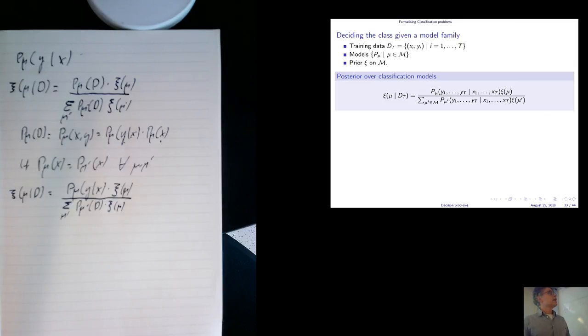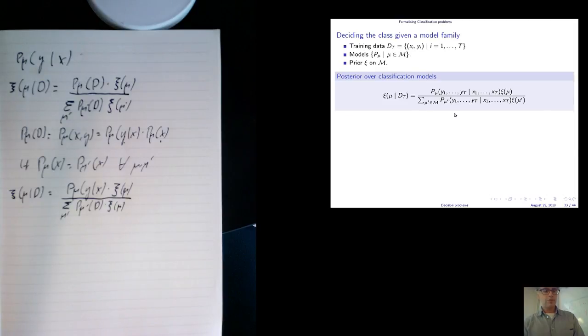And that means that we only have to specify in our model the probability of the y given the x, which is usually much simpler than specifying the distribution over the x's, which is complicated. Because the labels are a very simple, binary thing, for example, and the relationship between the x's might be very complicated, and we really want to ignore that most of the time. So that's one way you can think about it. It's not the only way.